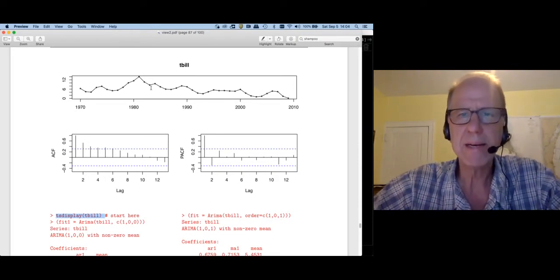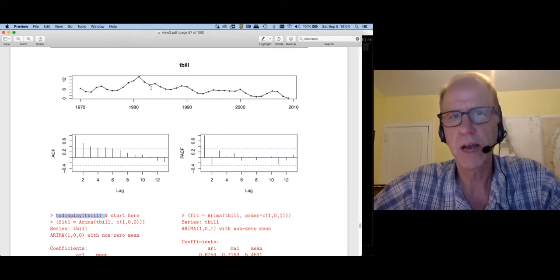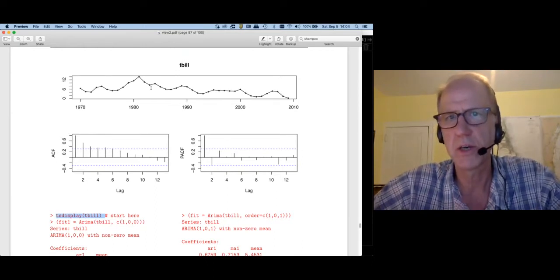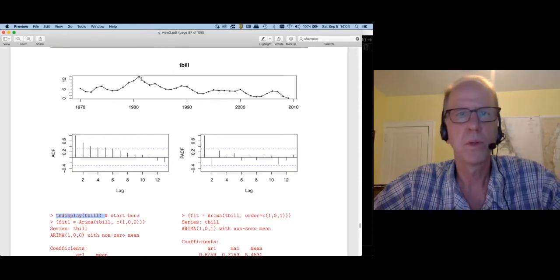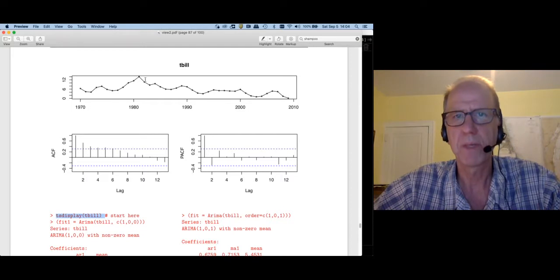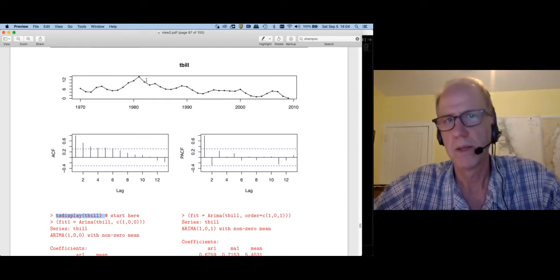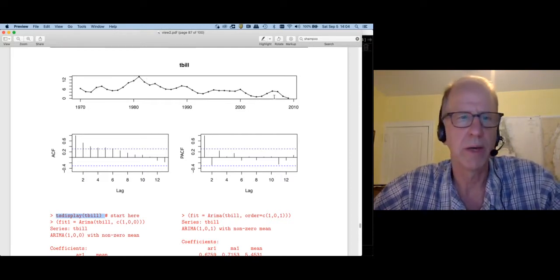With my domain knowledge that this is an interest rate, I wouldn't be surprised if it's stationary. However, remember with this T-bill data, the interest rates have been basically falling for the past 30 years. They're not going to go below 0. At some point, they're going to go up. But because of this window, it almost looks like there's a negative trend.